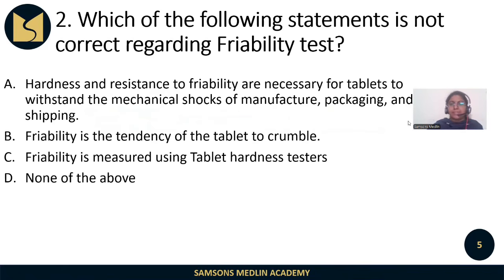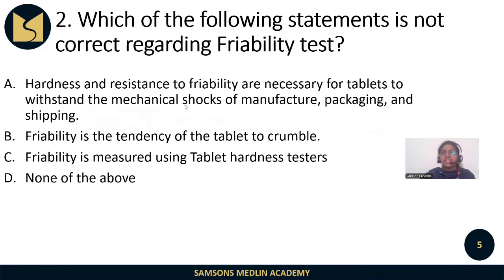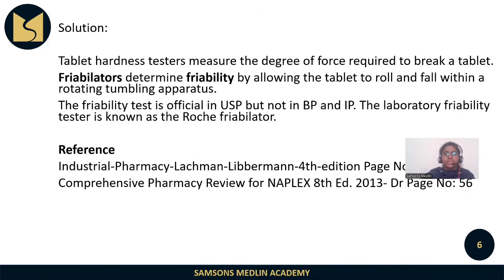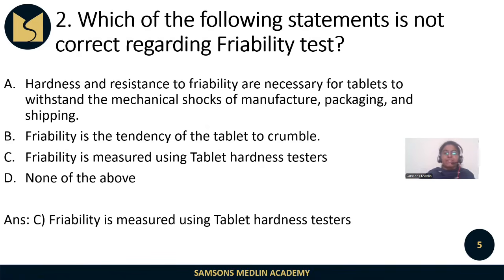Options: hardness and resistance to friability are necessary for tablets to withstand the mechanical shocks of manufacture, packaging, and shipping; friability is the tendency of the tablet to crumble; friability is measured using tablet hardness testers; none of the above. So the answer is option C, friability is measured using tablet hardness testers. This is the incorrect statement out of these 4 options.